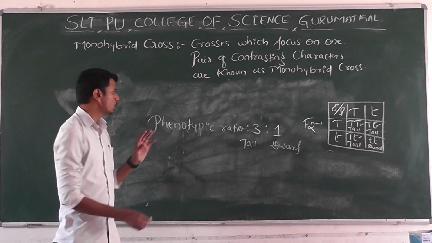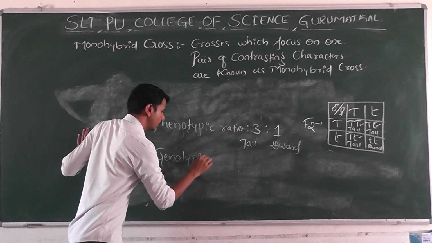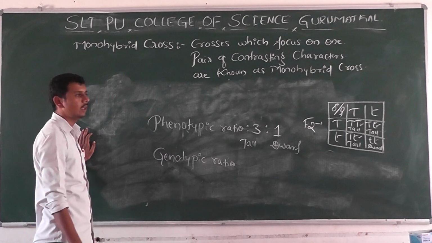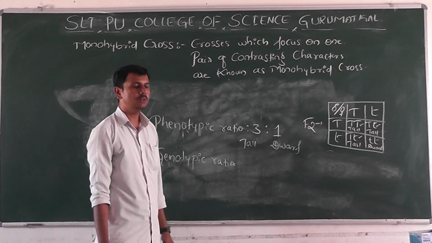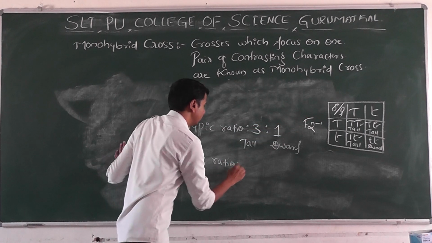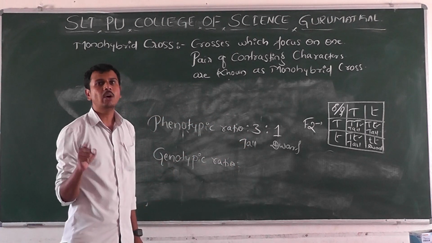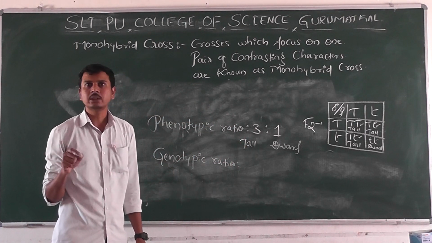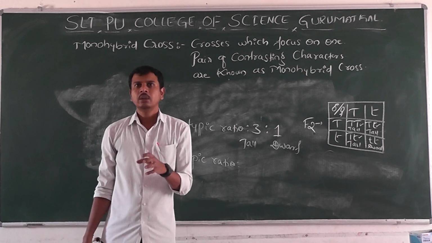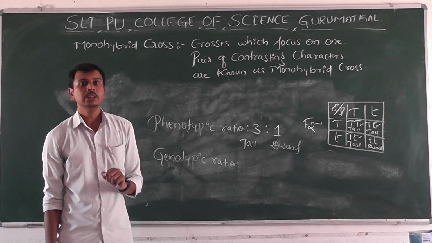So when it comes to the genotypic ratio, what will happen? We are going to concentrate on the gene level, or the genetic level. That means whatever plant is present, whether it has homozygous genes or heterozygous genes.